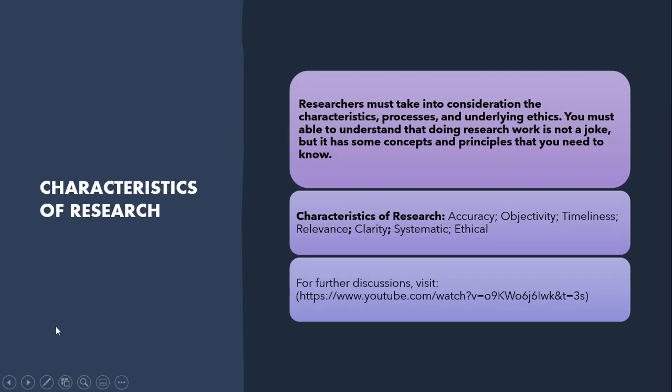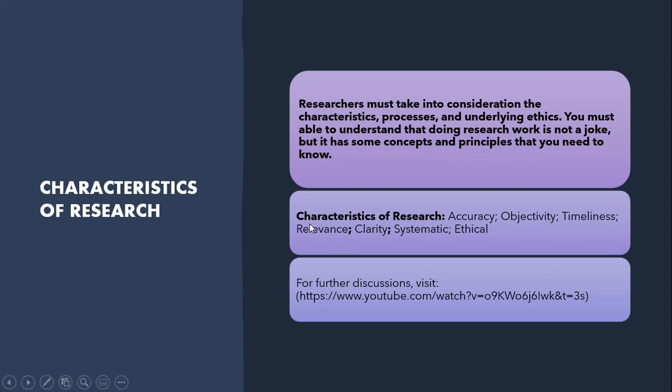We also have several characteristics of research. Research must take into consideration the characteristics, processes, and underlying ethics. You must understand that doing research work is not a joke, but it has concepts and principles that you need to know.